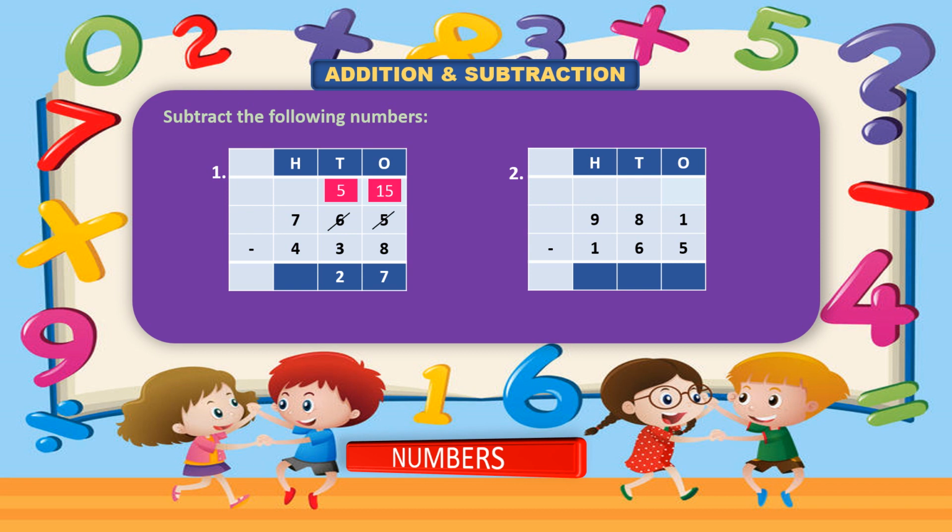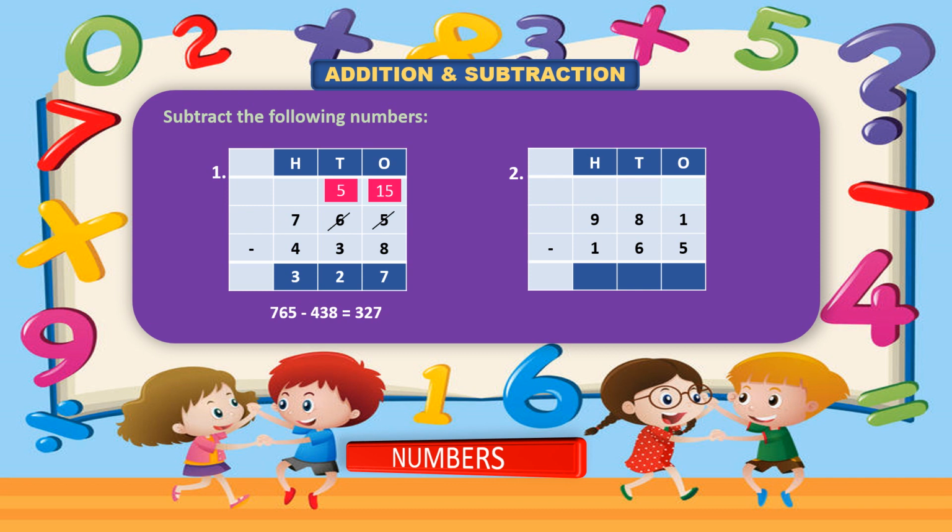Now subtract hundreds. 7 hundreds minus 4 hundreds is equal to 300. And the answer is 327. The next sum is 981 minus 165.